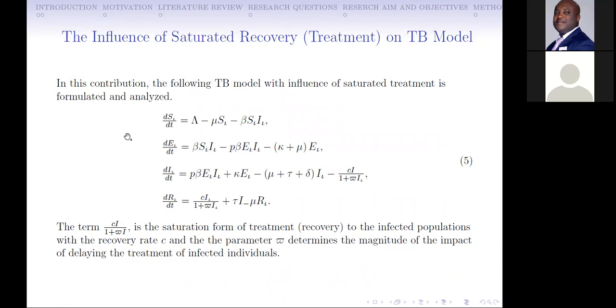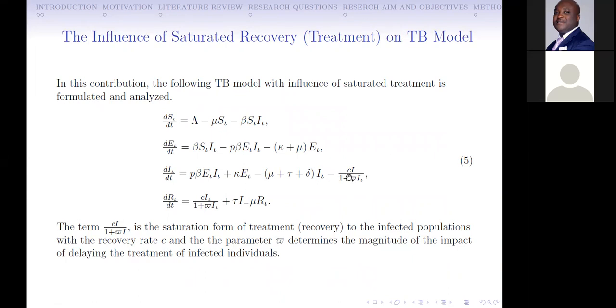The first equation represents the dynamical behavior of the susceptible individual. The second equation represents the dynamical behavior of the exposed individual. And the third equation here represents the dynamical behavior of the infected individual.